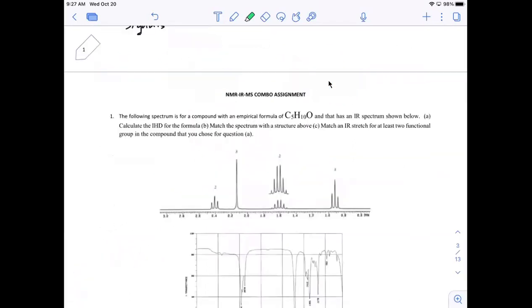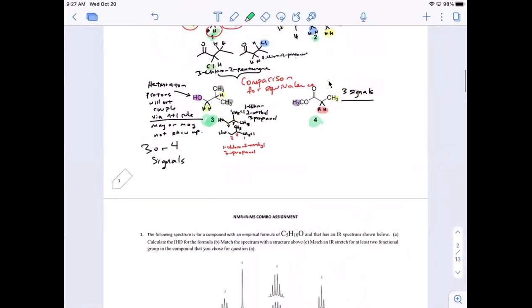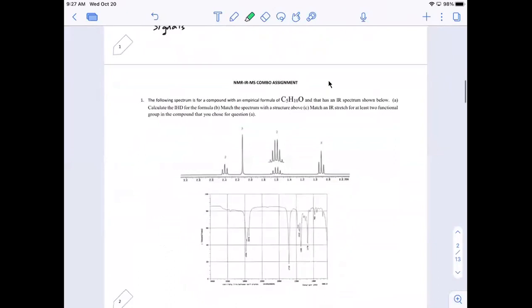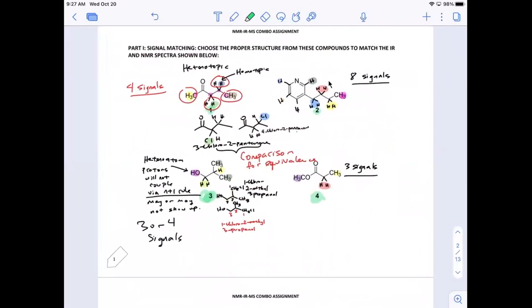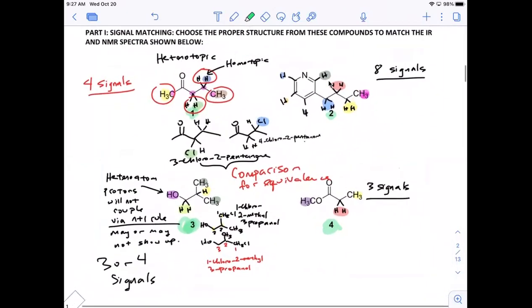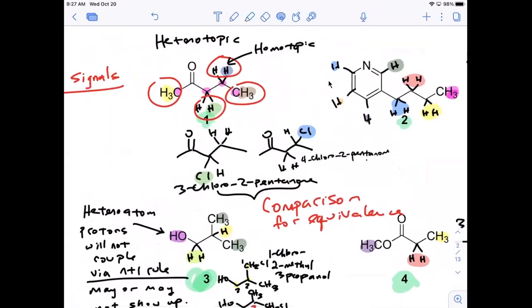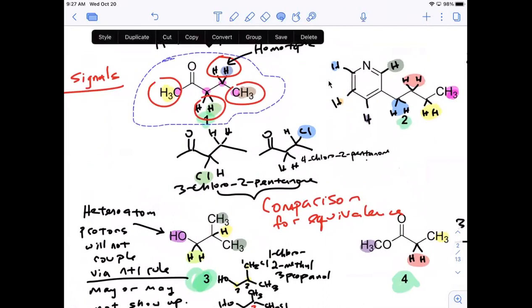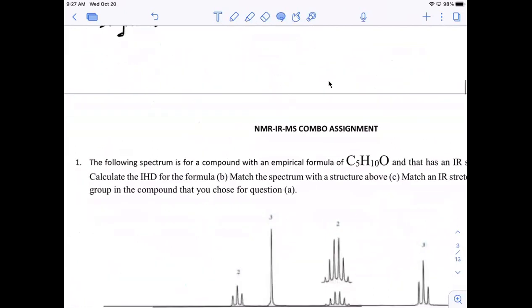And we got 1, 2, 3, 4 signals. All right, and the only compounds up here that we had that gave off 4 signals was this one right here. I'm gonna paste that down here.